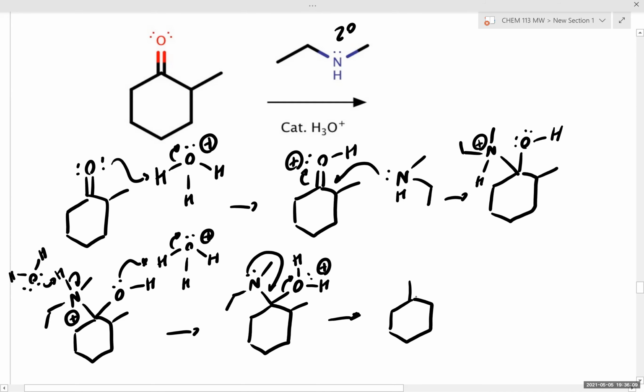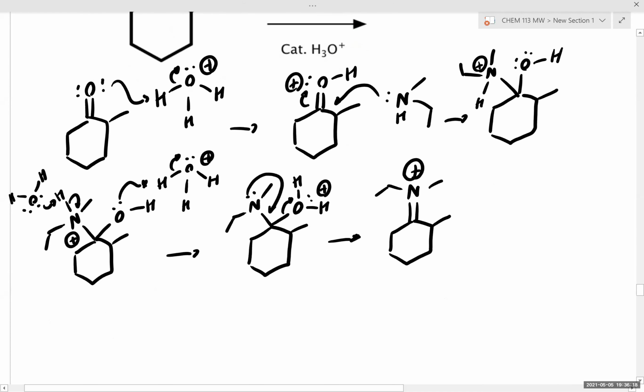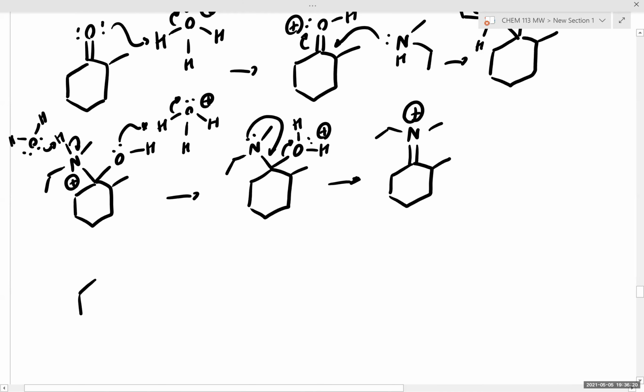However, this isn't a normal imine. Because our parent amine is secondary, we have an iminium ion. And this iminium ion is not stable. Now, one common error that I found, and this is something that we talked about extensively, is slightly counterintuitive.